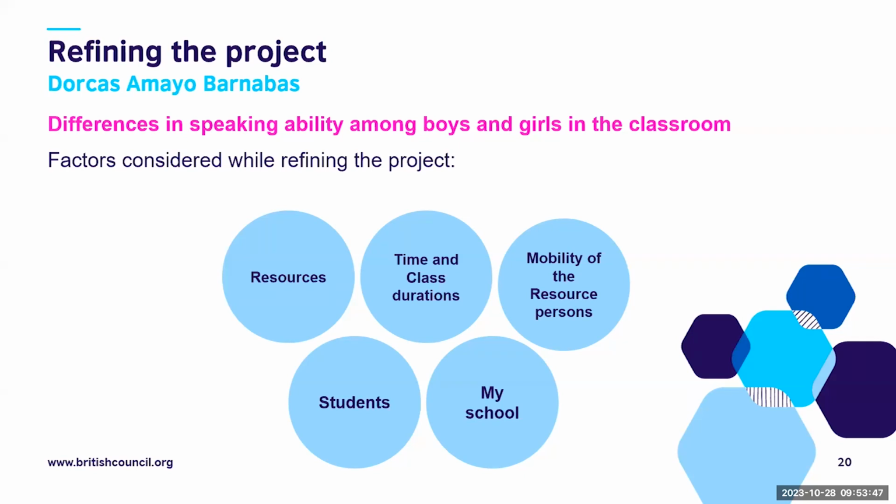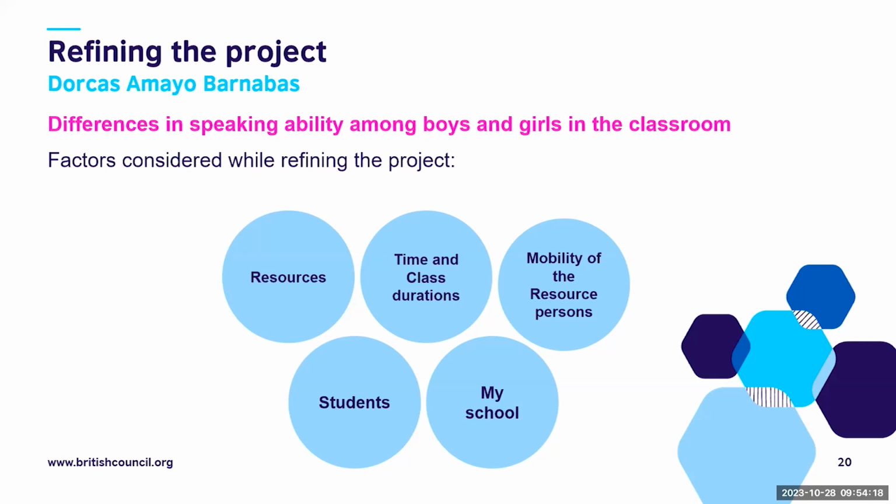So I needed to seek from them the strategies they were using. I needed to know the problems they were facing. I wanted them to give me some ideas on how to carry out the research. And most of them were part of the classroom observation during the research activities.